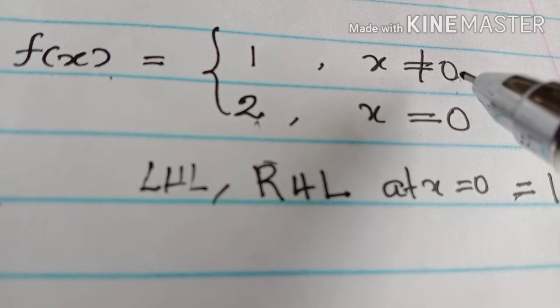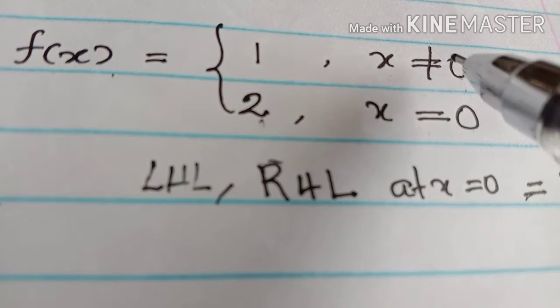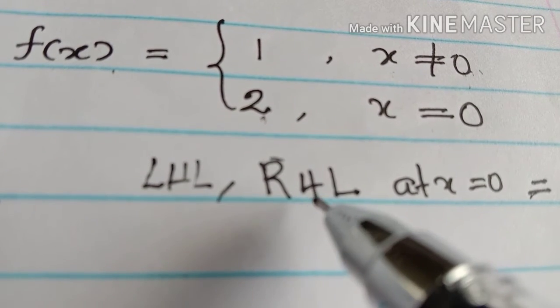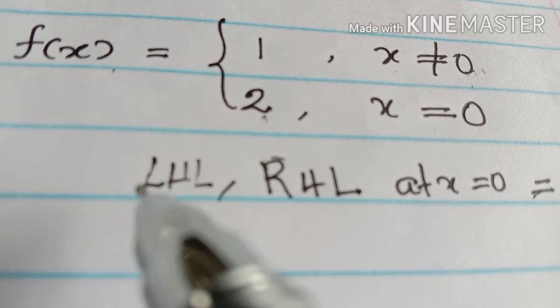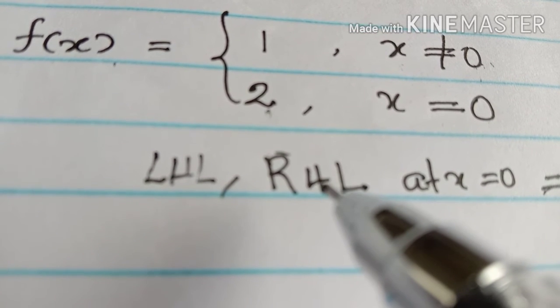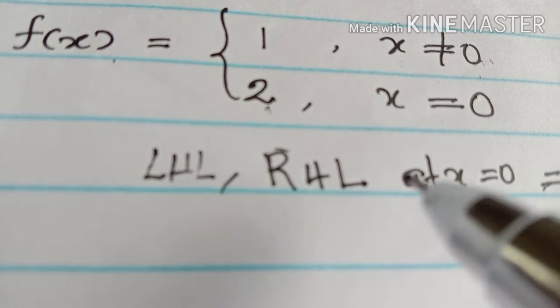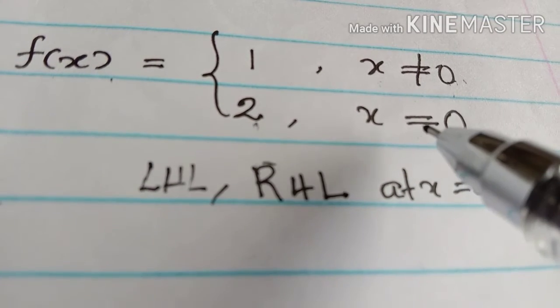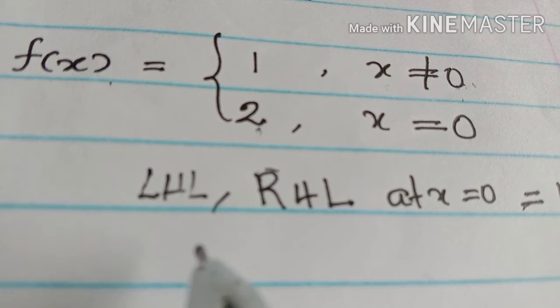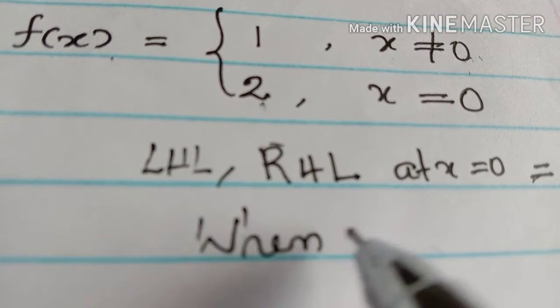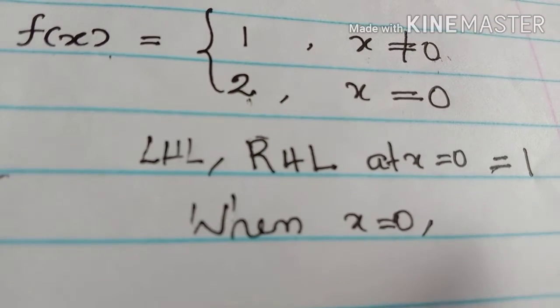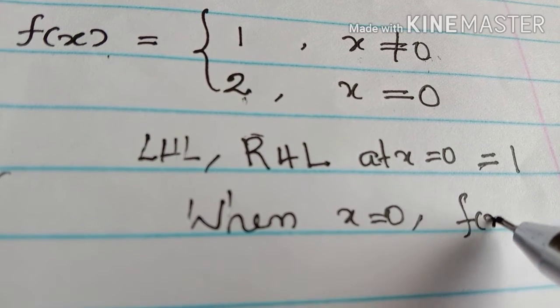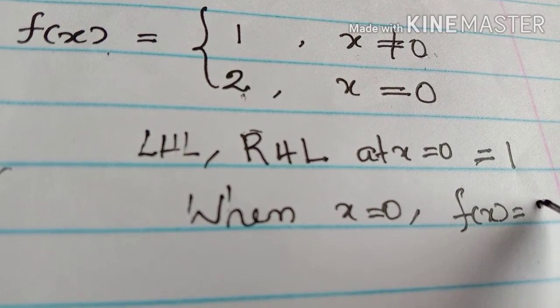Less than 0 indicates the left hand limit. Greater than 0 means the right hand limit. So in both cases, the limit value is equal to 1. At the same time, when x equal to 0, this is an exact value: the value of the function is equal to 2.